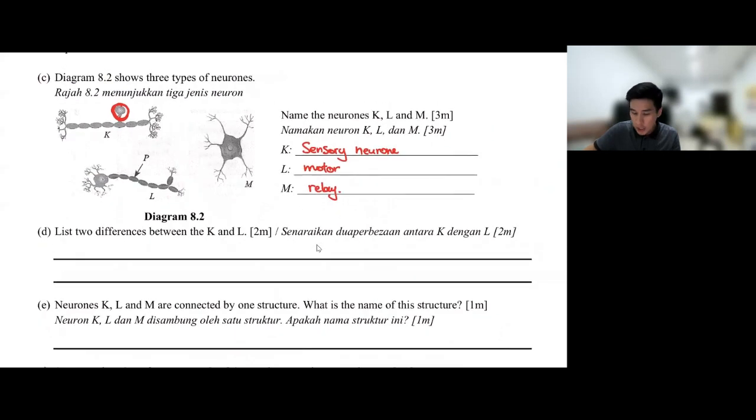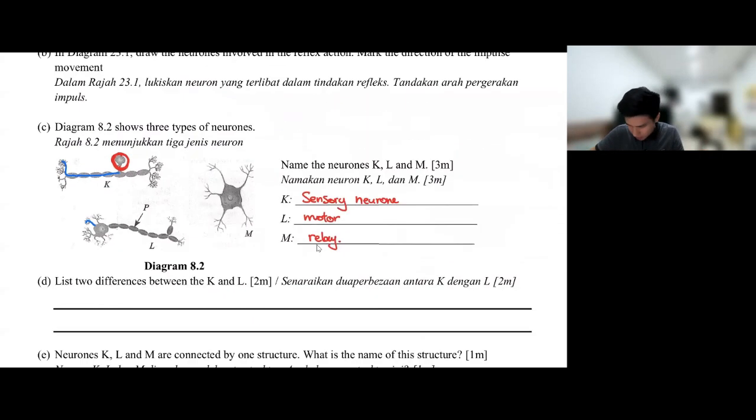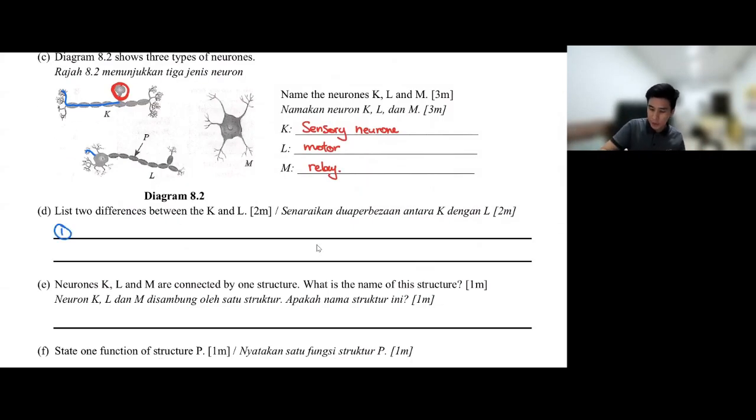Okay. 2 differences between K and L. So just now we did the cell body difference already. Another difference, the easier one we can say, is the body and the head, remember? So K, what in K is longer? K got longer dendrite, very good. Head is the dendrite. This one is shorter, right? Okay, let's write this first. So we can say neuron K has longer dendrite.